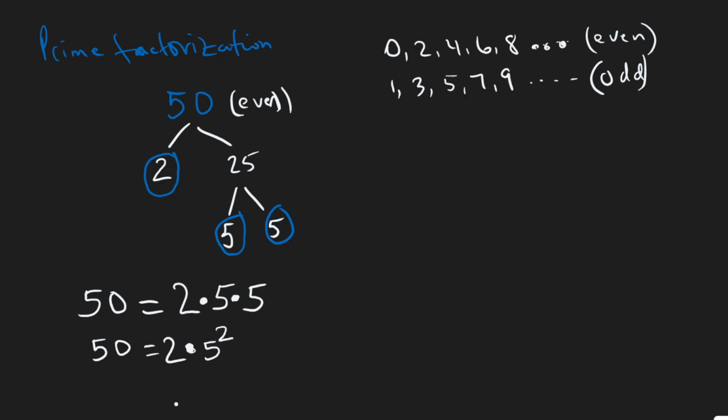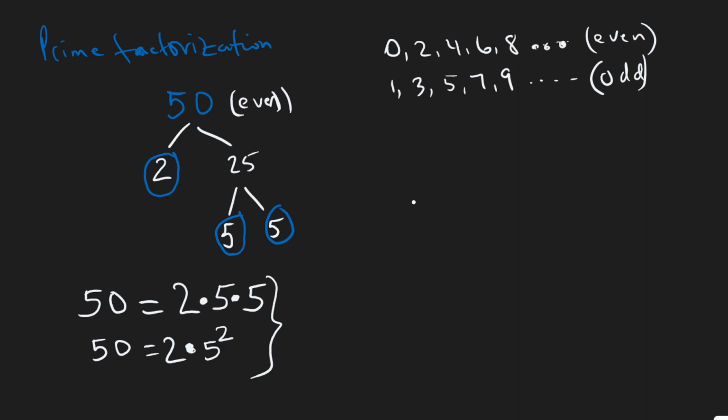So we say 2 times 5 squared. These two prime factorizations are the same thing: 50 is equal to 2 times 5 times 5, and 50 is equal to 2 times 5 squared. So we have found the prime factorization of 50.